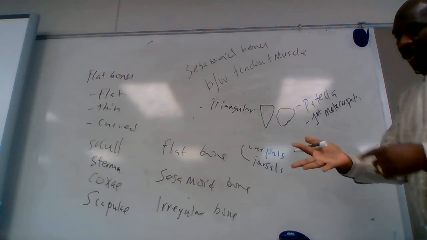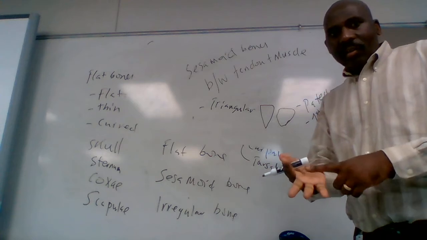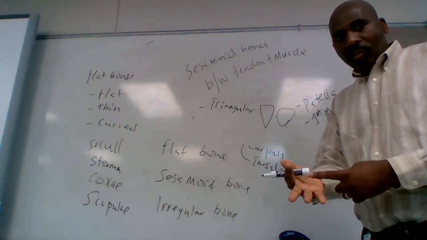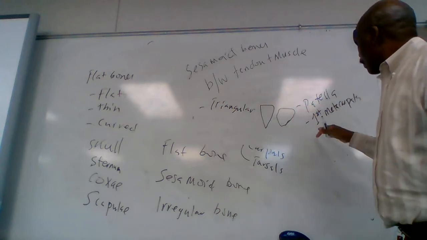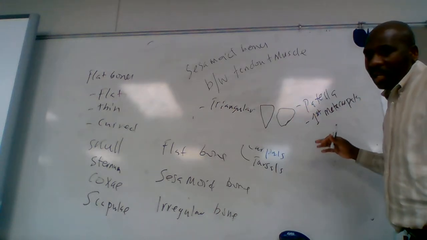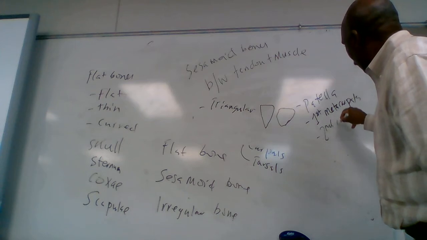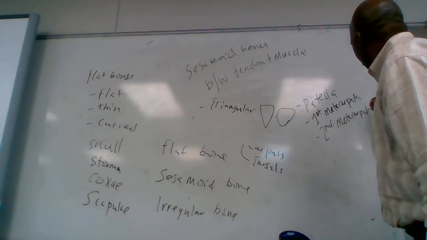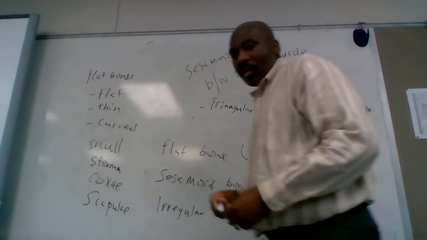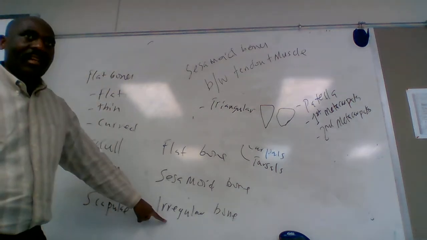The carpals are the bones of your hands. So the first bones of your hands, again, you cover this when we do the skeletal system. So we have the first metacarpals and the second metacarpals. Good.